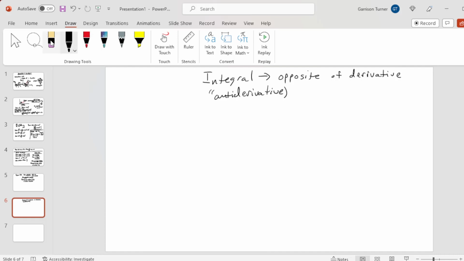So what an integral does, instead of evaluating a function at 2 points and then taking the slope, if I have a function like this, an integral adds.